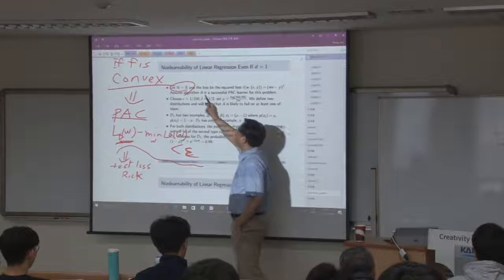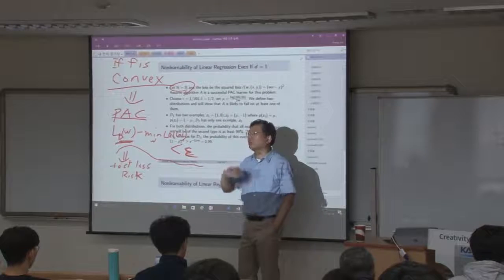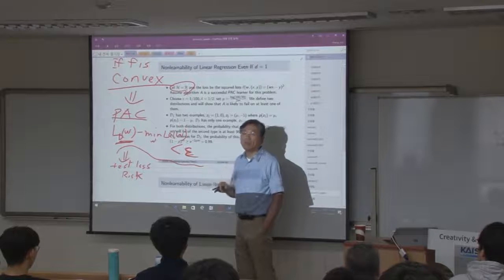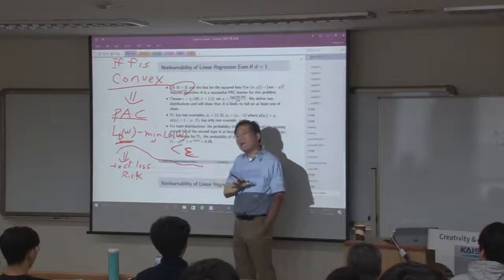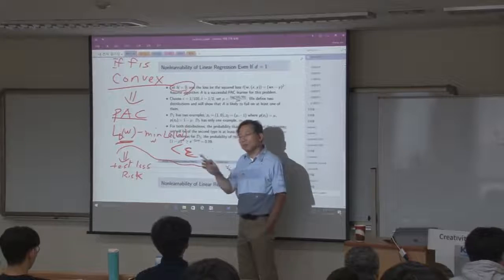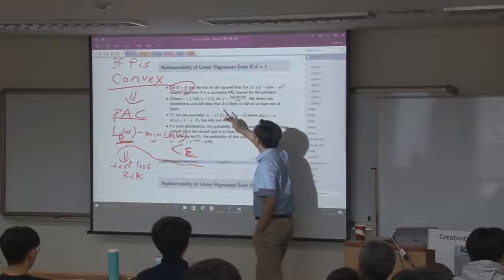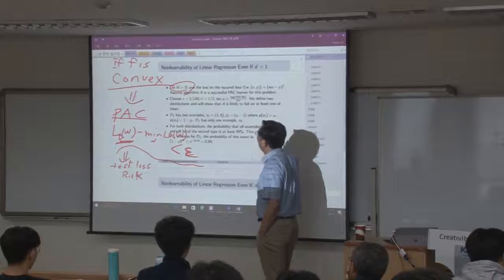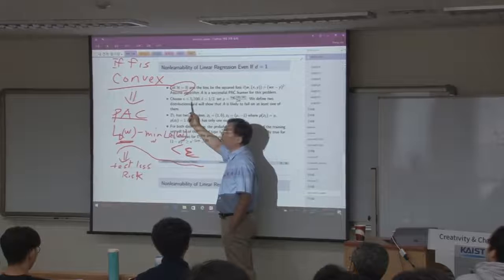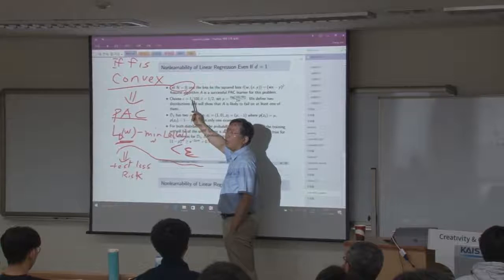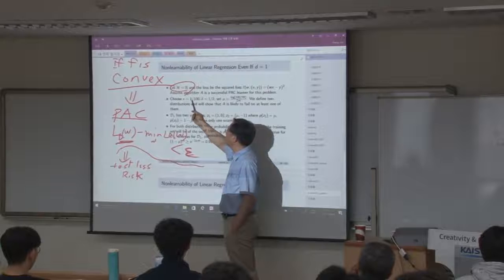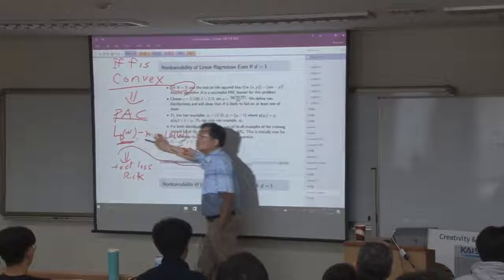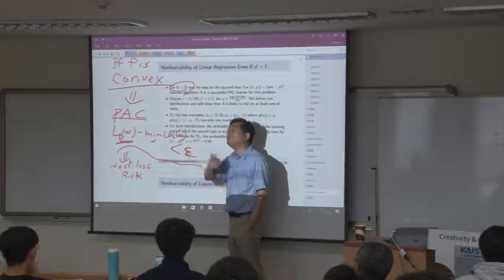Now, let's say I have some algorithm, ERM maybe, or SRM, structured risk minimization, which looks at the confidence interval as well. You assume that it's PAC learnable, and you choose epsilon to be 1%, and you choose that it be correct only half the time, 50% of the time.